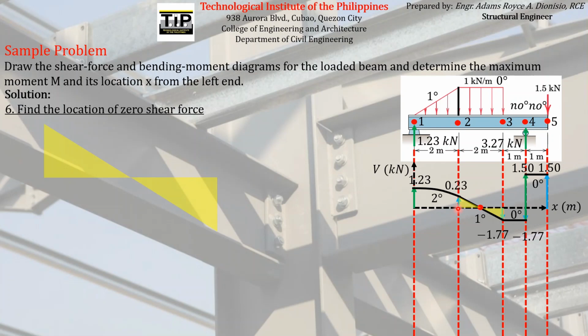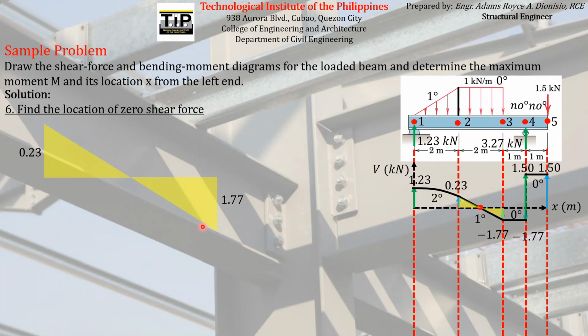The height of this triangle is actually the magnitude of the shear force corresponding to this point, which is 0.23. And the height of the triangle on this portion is equal to the shear force acting on this point, which is obviously 1.77.